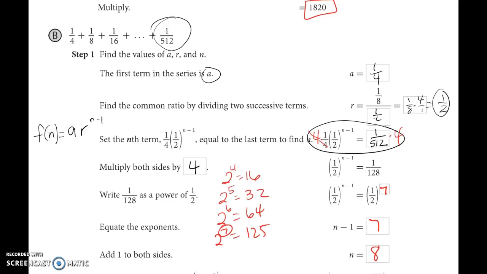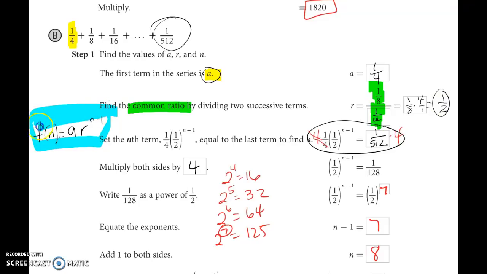Okay, so real quick, we found what a was. We found our ratio by taking 1/8 divided by 1/4, and we got 1/2. Then all we did was plug that into our geometric sequence formula and set it equal to the last term in order to solve for n.